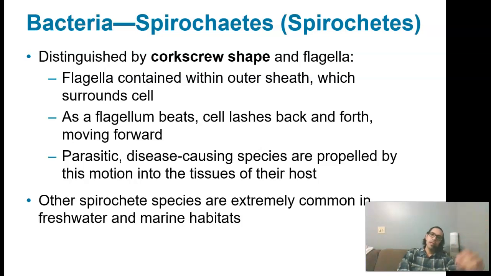These are also parasitic, and they're disease-causing species that are propelled by this motion into the tissues of their host. And there are other Spirochete species that are extremely common in freshwater and marine environments.